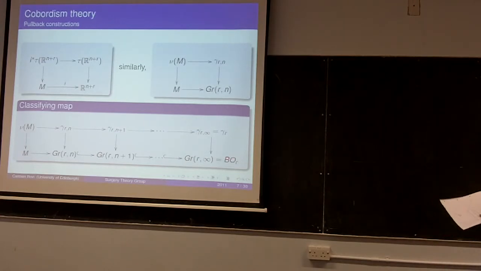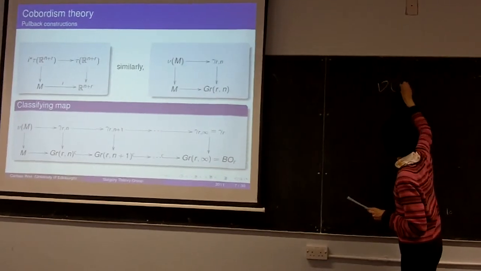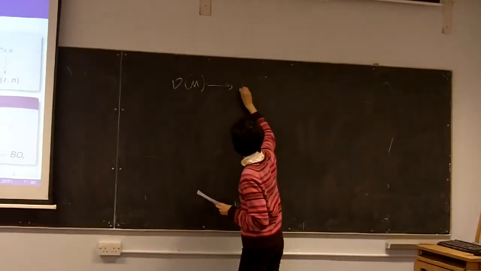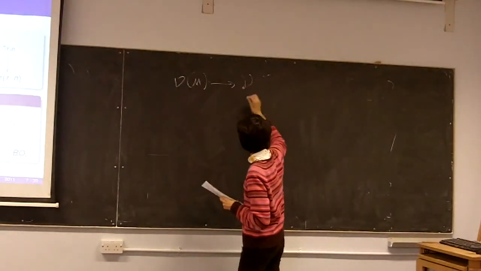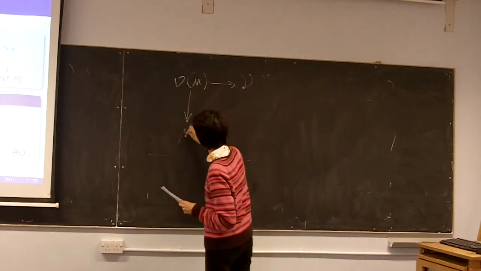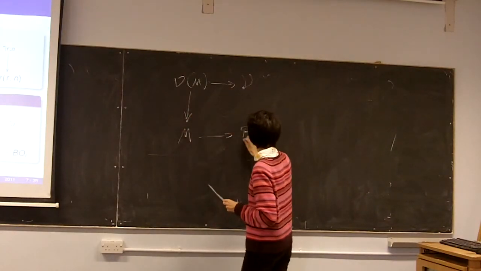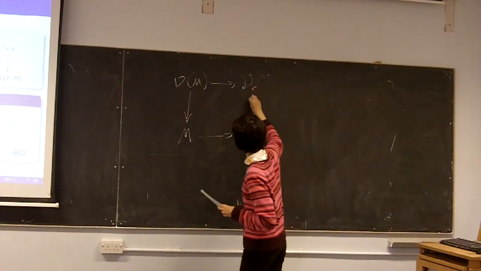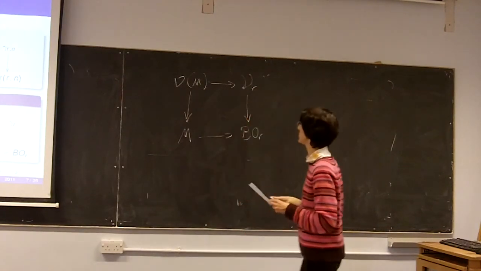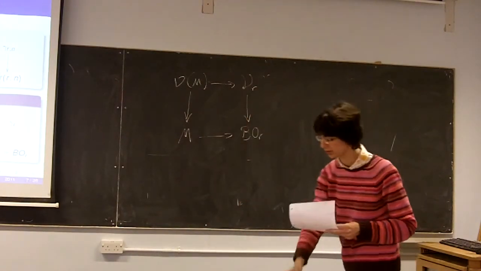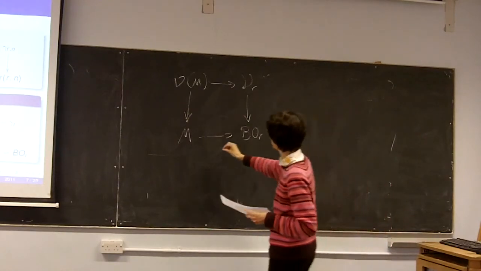Because if we leave this central part of the diagram out, what we are writing is a very important pullback construction, and this is called the classifying map.